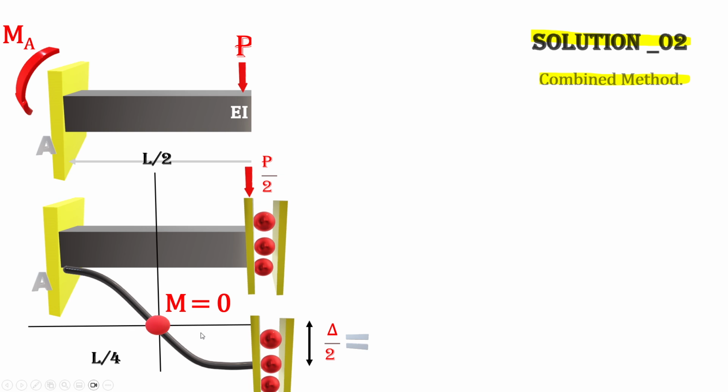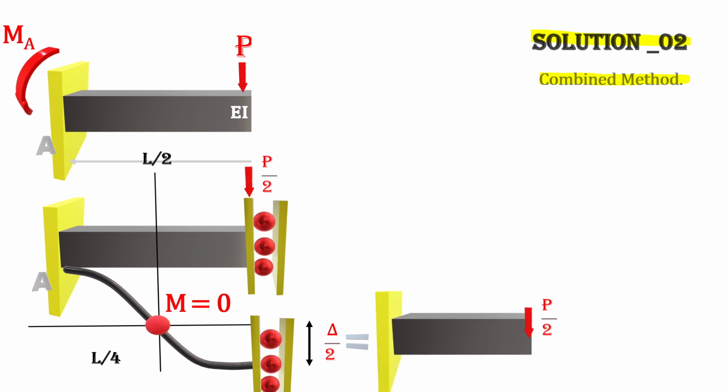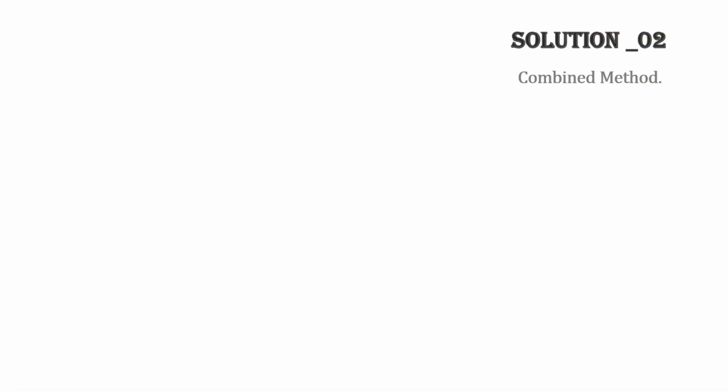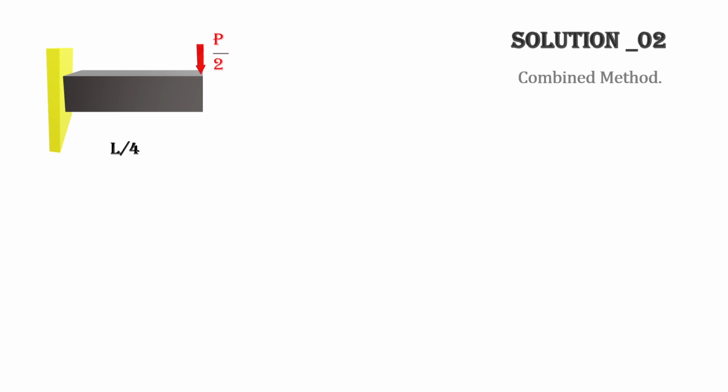So our shape will change to a cantilever beam with the length of L over 4 and a load of P over 2.